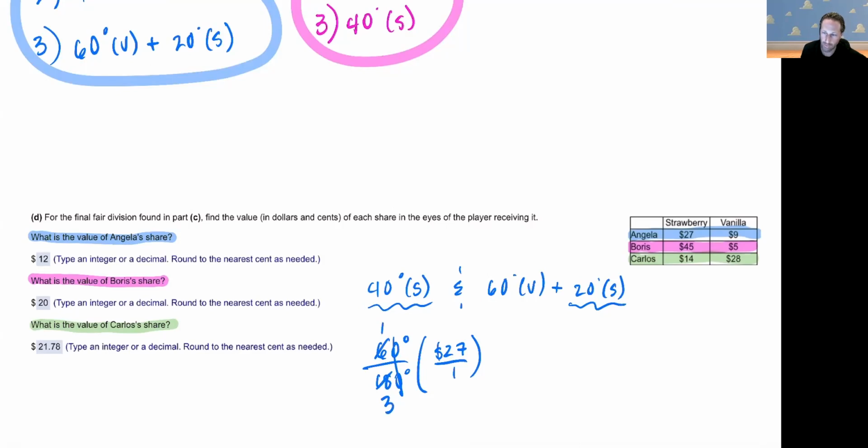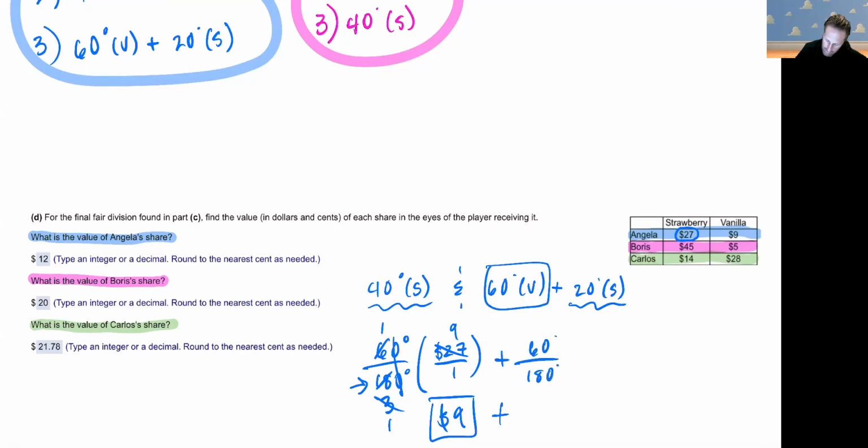And because we only have 1/3, since she valued the whole strawberry section, which was half of our circle, our cake, 180 degrees, then we can multiply that to cancel and get that was worth $9 to her. Okay, plus then she also had this 60-degree out of the total 180 of vanilla, and she valued vanilla at $9.